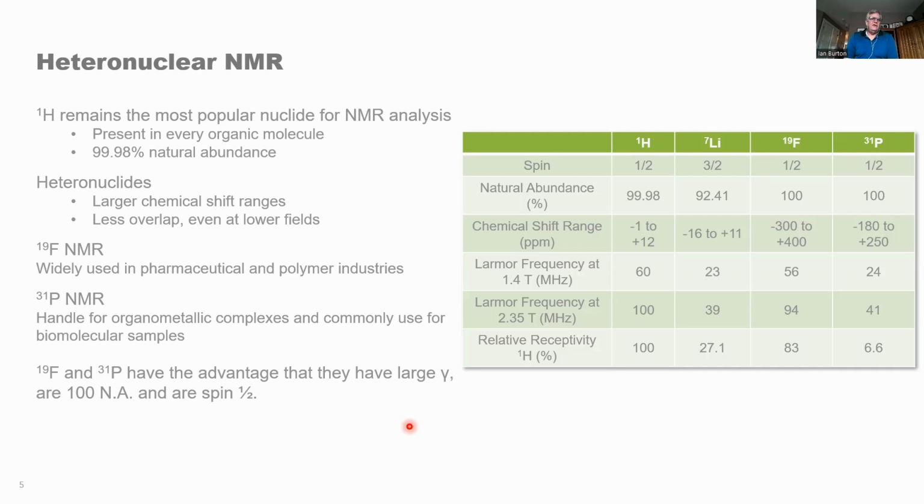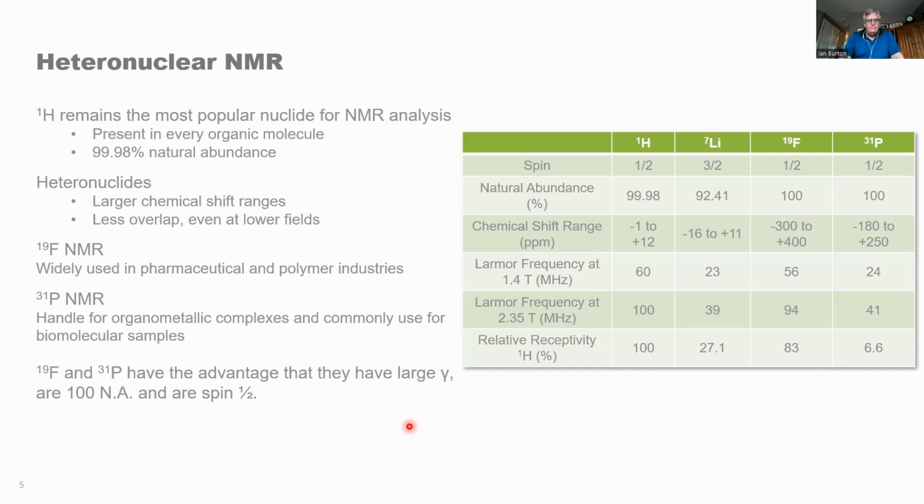But when you go to fluorine and phosphorus, generally you're looking at a nucleus that is in very specific chemical environments, and you have a broad chemical shift range and excellent dispersion, so you can generally separate things better.